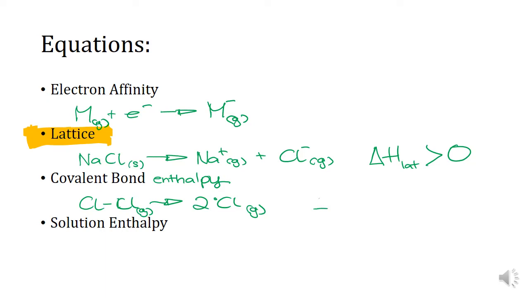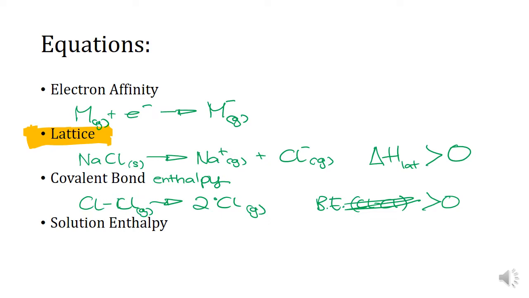So this is the bond enthalpy of Cl-Cl, and all bond enthalpies, regardless of whether or not they're chlorine to chlorine, are going to be greater than 0, because remember, breaking covalent bonds is an endothermic process.